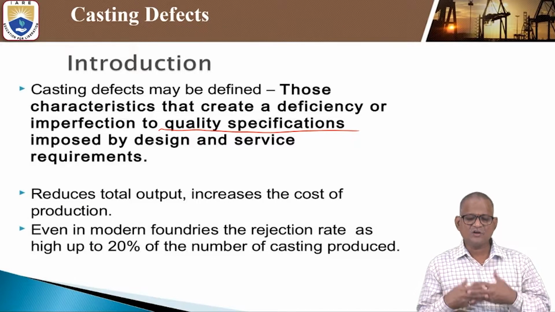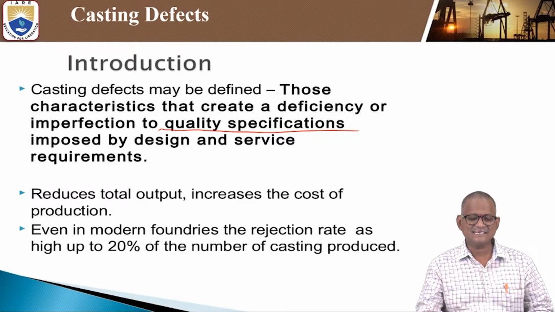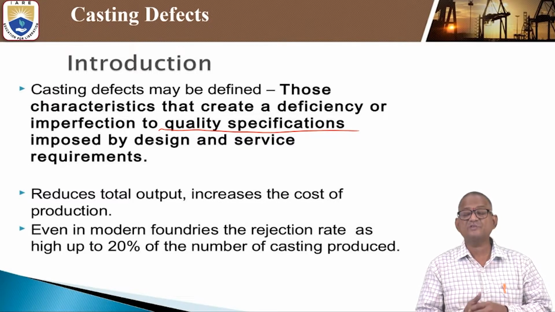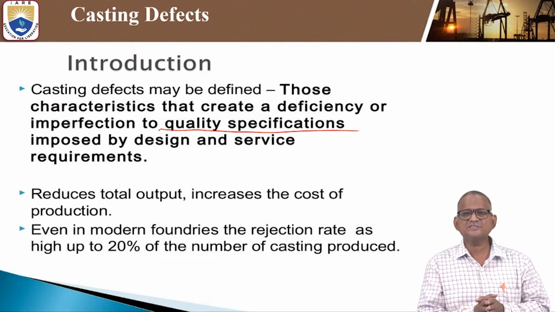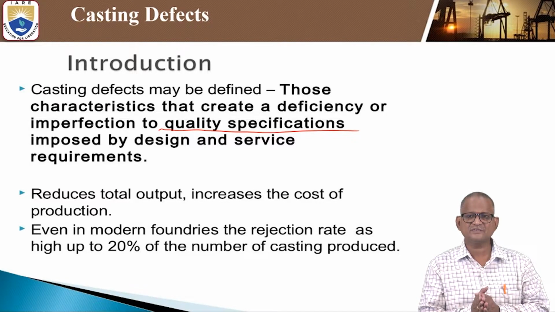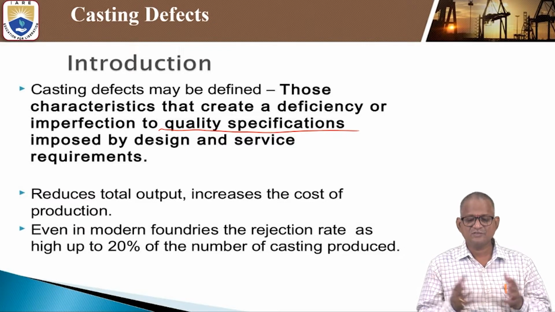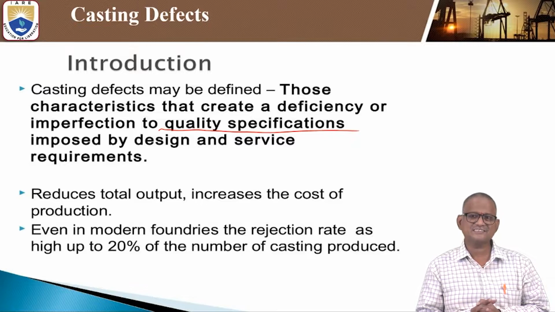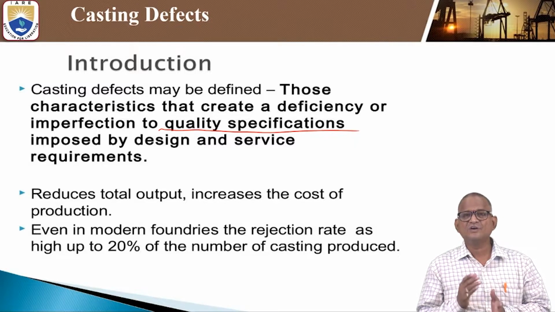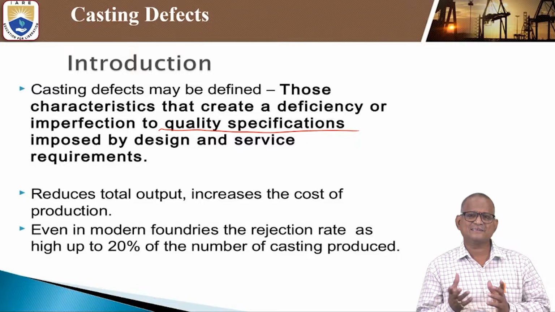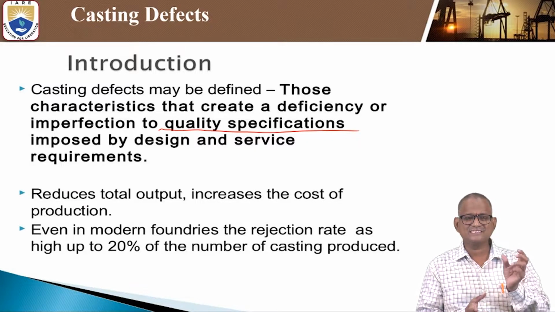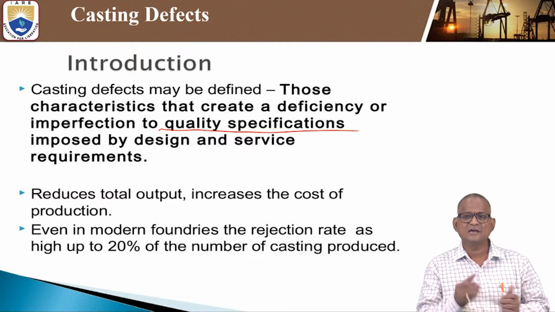Even in modern foundries, the rejection rate is high, up to 20% of the casting products. For example, if 100 products are to be made from the casting process, obviously 20% of them are rejected. In some foundry industries, even 40% rejection rate has occurred because of improper training and improper usage of sand, sand mixing and ramming.